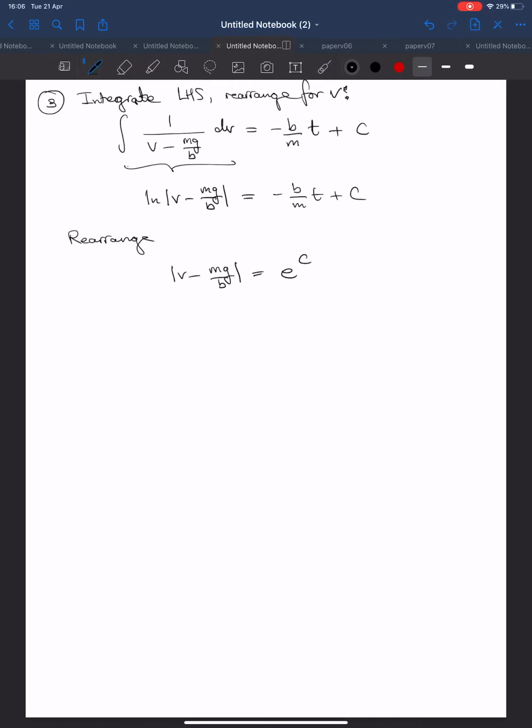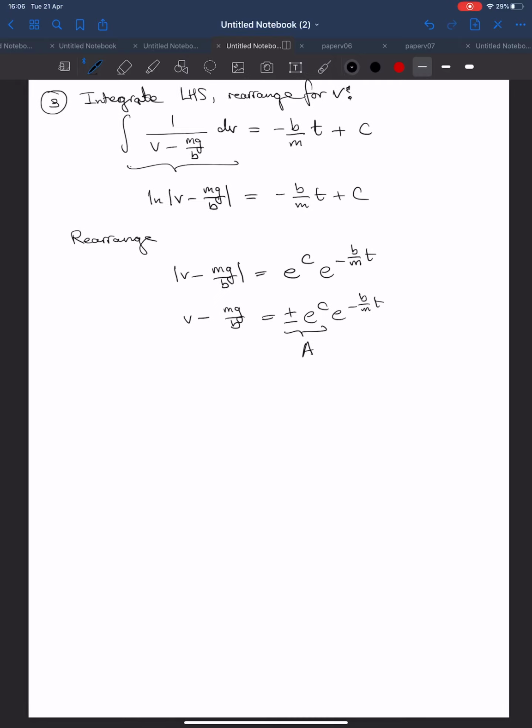Now I'm writing this in the following way on the right hand side. Now to do the modulus, I have to keep in mind that this can encapsulate plus or minus the right hand side. This we'll call a new constant A, doesn't matter.